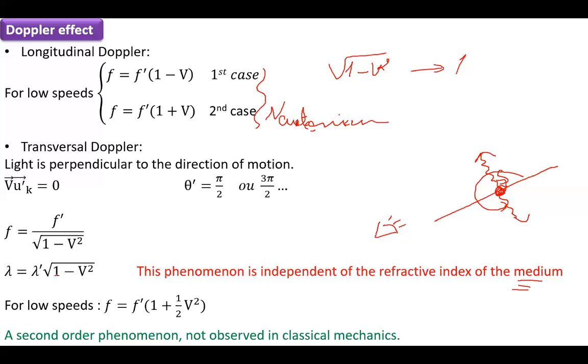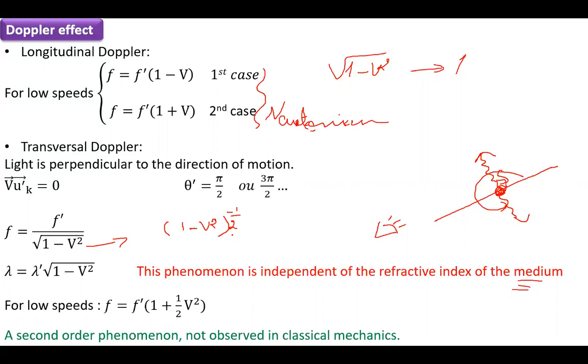And for the approximation for low speeds, you can replace the radical of 1 minus v squared up here by 1 minus v squared to the power minus half.